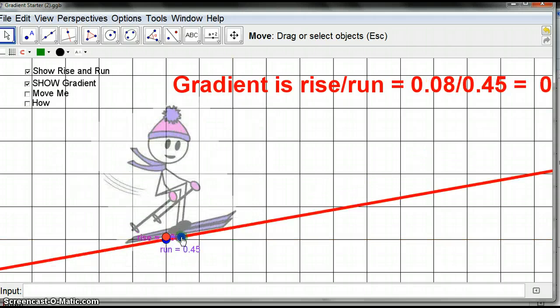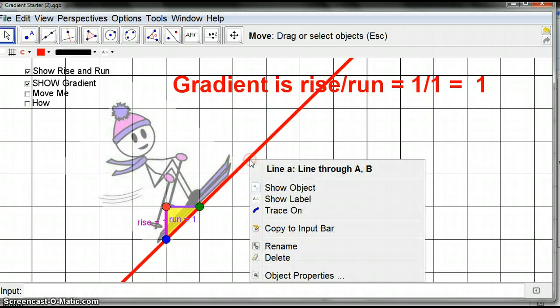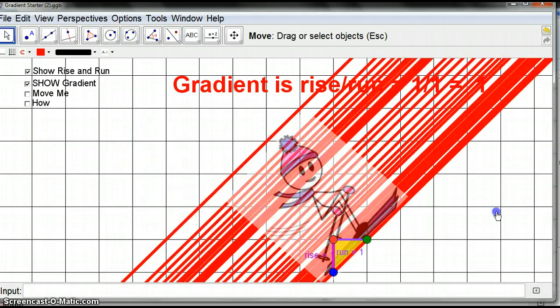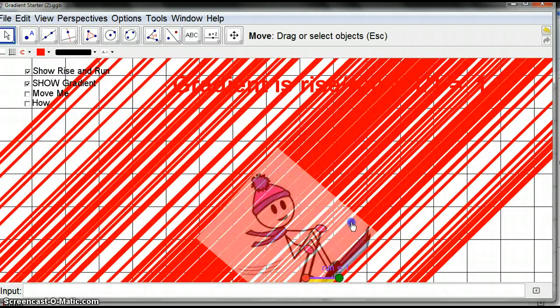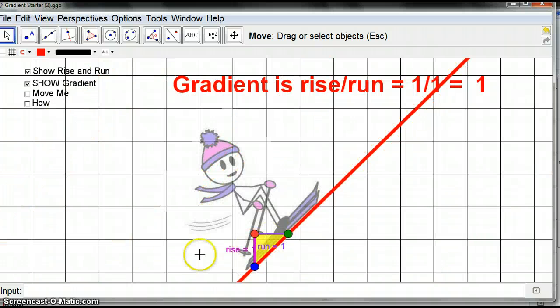If I go across 1 and up 1, I've got a gradient of 1. Now, I'm just going to trace that and say if I move this line around, all those lines have got a gradient of 1. Does that make sense? Let me do that again this way. Y equals x. Y equals x minus 1.